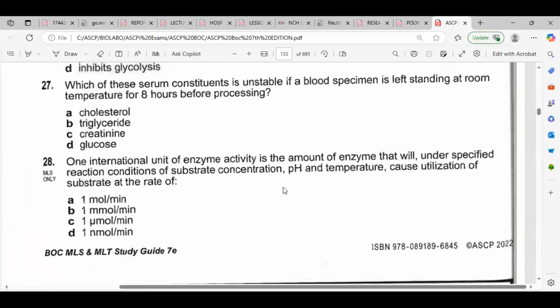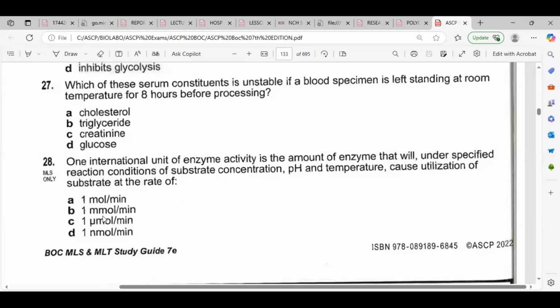So how this question wants to discover, if you remember, how the substrate is converted into products, and what is the amount of substrate that is converted to the products at a certain temperature, pH, and substrate concentration.